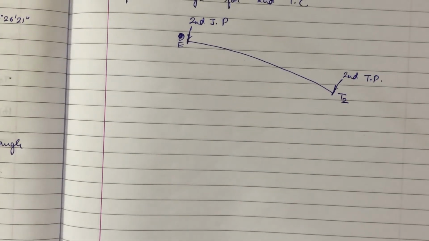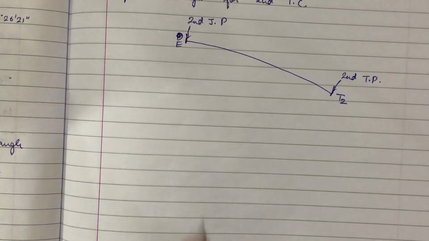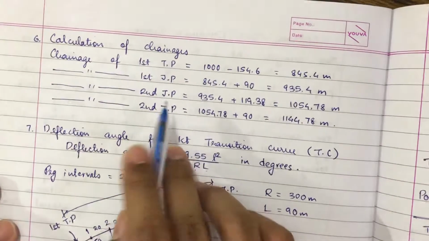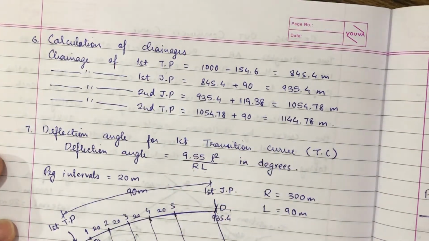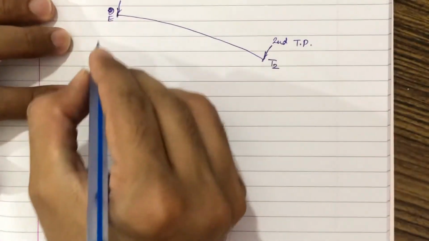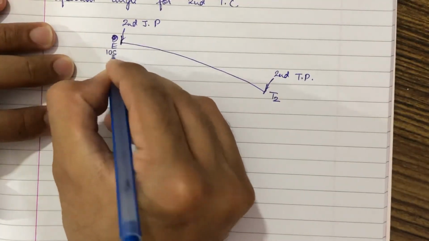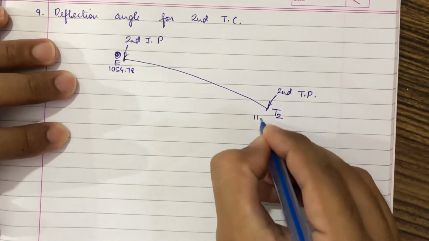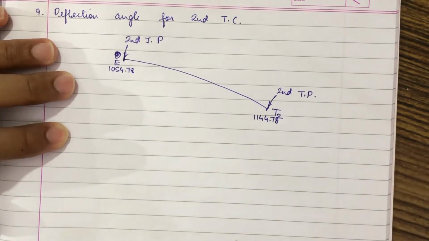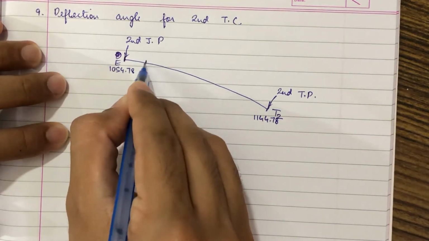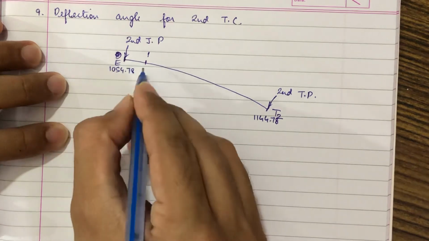Suppose the second junction point is given at a chainage of 1054.78, and the second tangent point is at 1144.78.